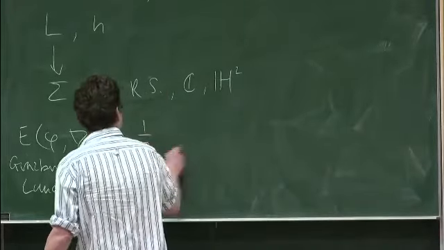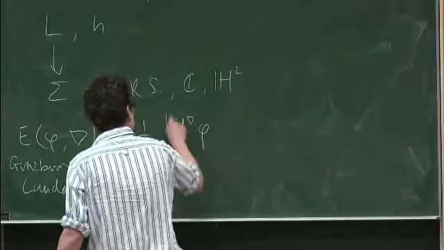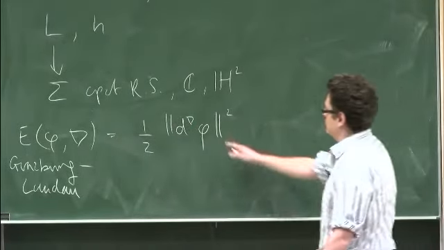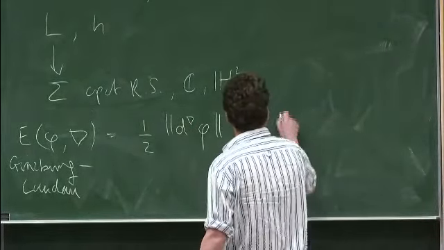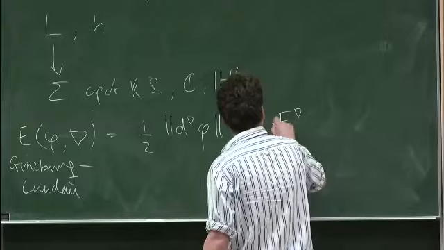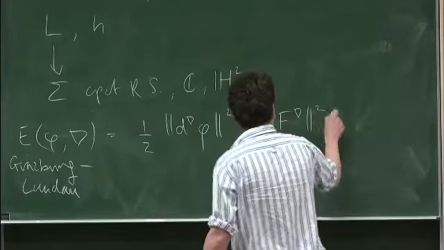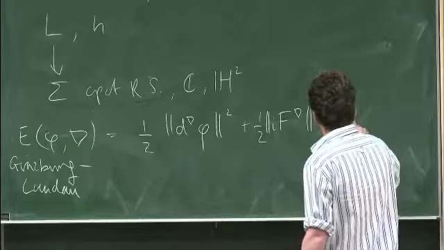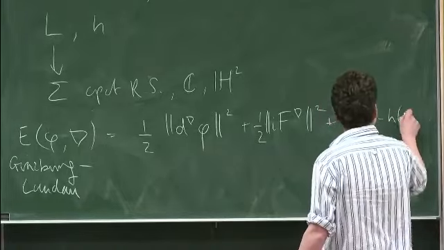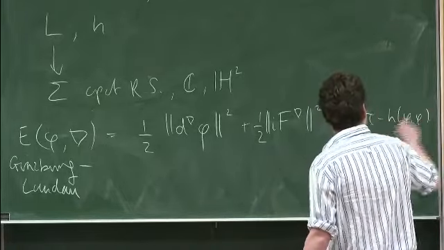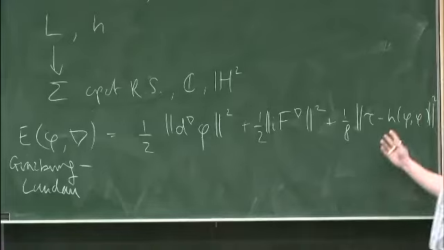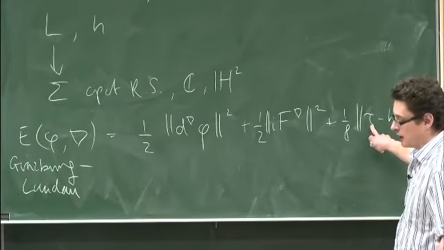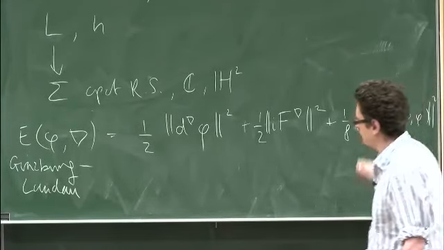Well, it's half the L2 norm squared of d nabla phi, where phi is my section, plus half the L2 norm squared of the curvature of my connection, plus 1/8 the L2 norm squared of the difference of the length squared of my section from some parameter tau. Okay?